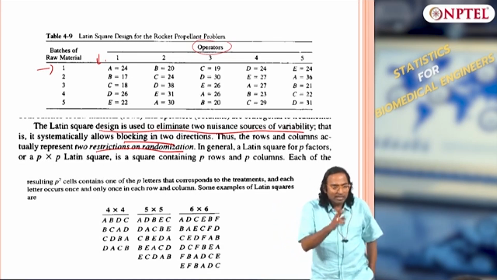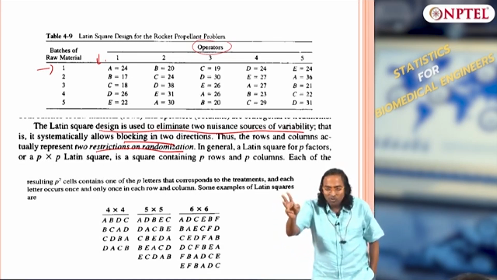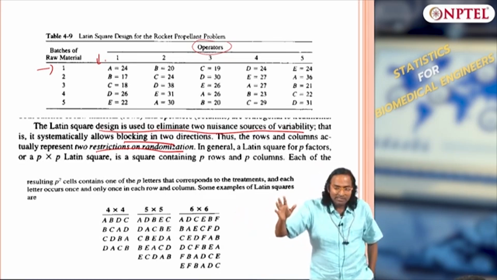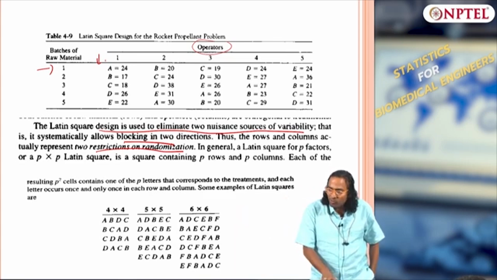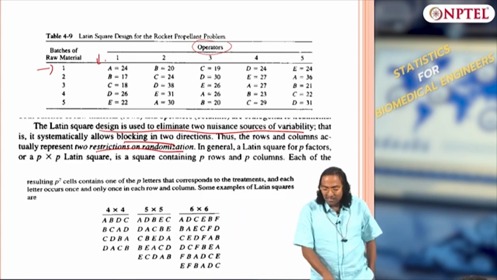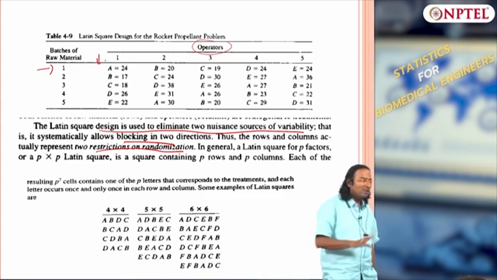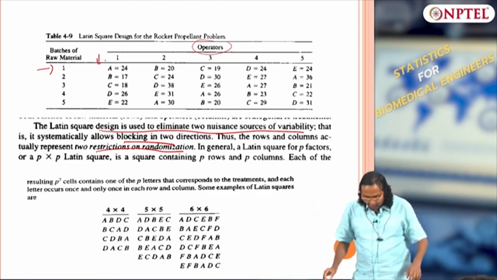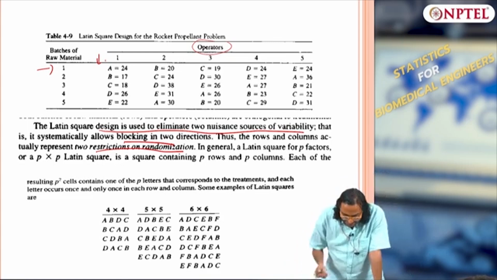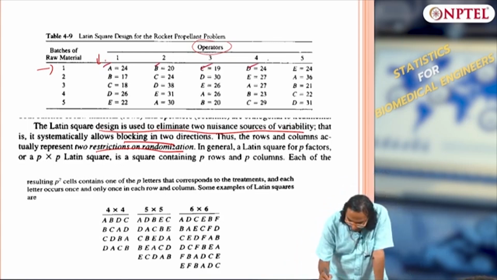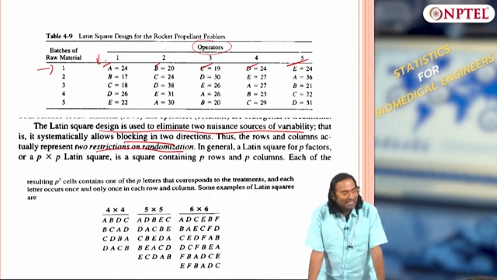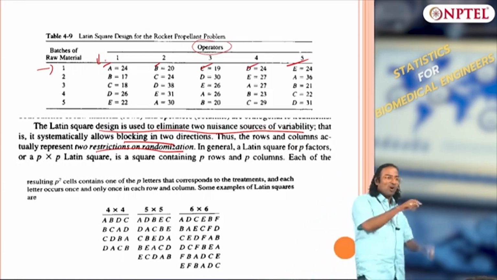Now instead of 2, I am moving on to 3, and I will show you how to do 4, 5, etc. in a single shot. Now we are moving on to 3 factors. What are the 3 factors? Raw material, operators, and these letters A, B, C, D, E. So the entries have become a factor.